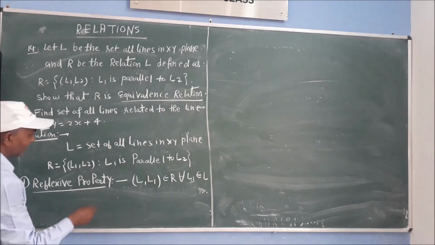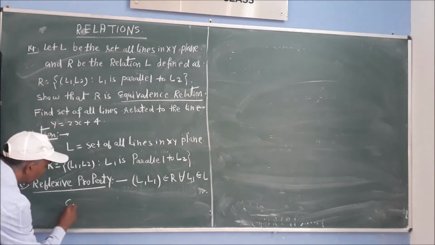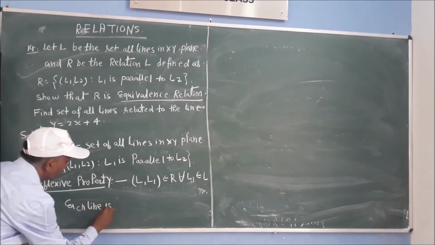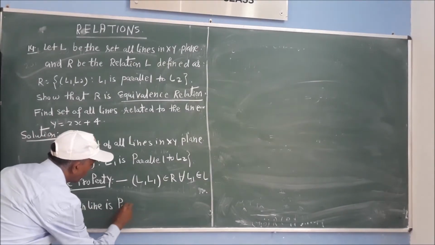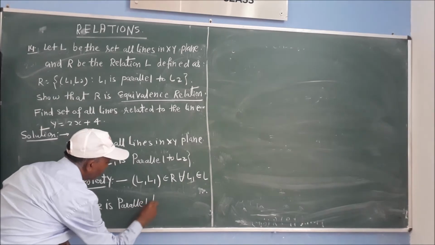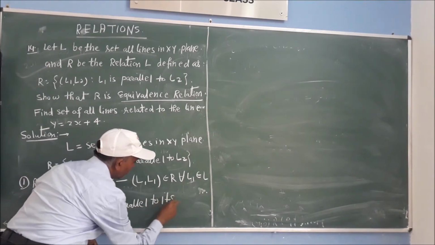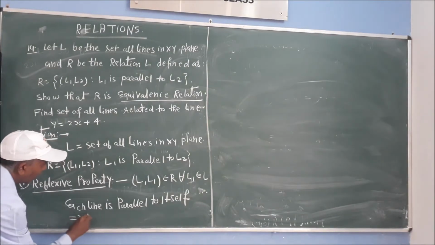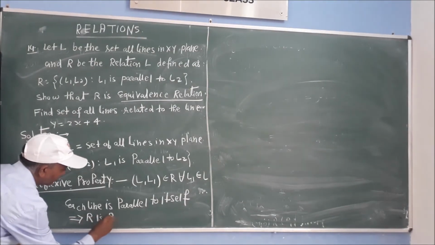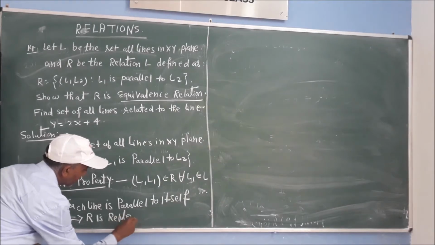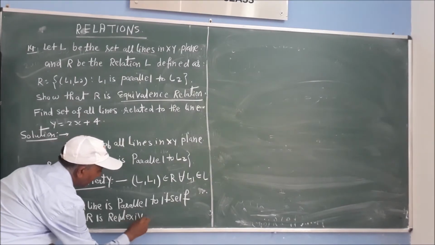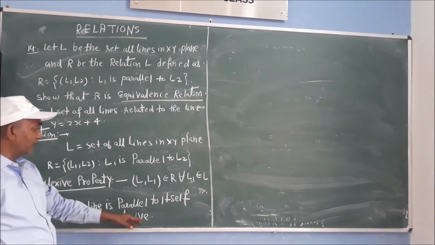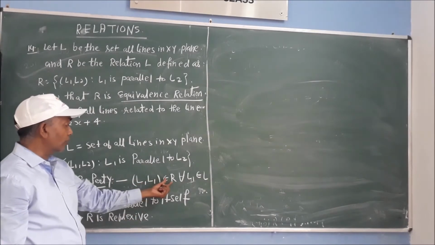So this can be written as each line is parallel to itself. This implies R is reflexive. Each line is parallel to itself. That means (L1, L1) belongs to R.